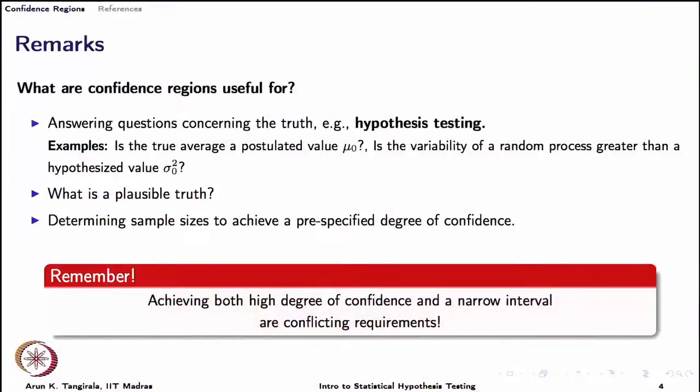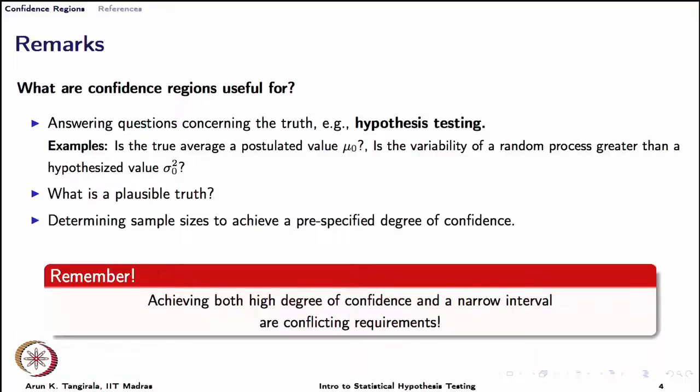Now, once we construct this confidence region, there are many uses to it, and one of the prime uses, of course, is in hypothesis testing. So, once I construct a confidence region, I can test whether a postulated truth is admissible or not. Is it possible?